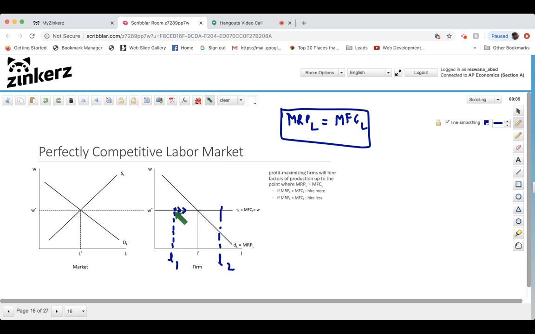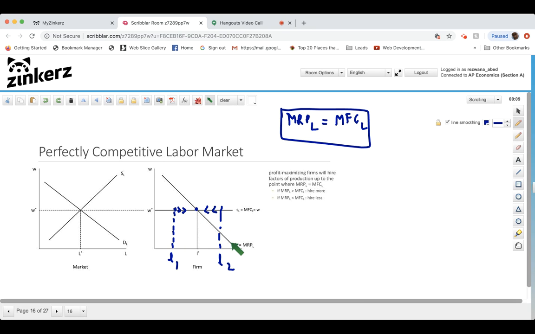So you should really be hiring less. Which takes us to this point, where you should only hire workers up to the point where the marginal revenue product of labor is equal to the marginal factor cost.